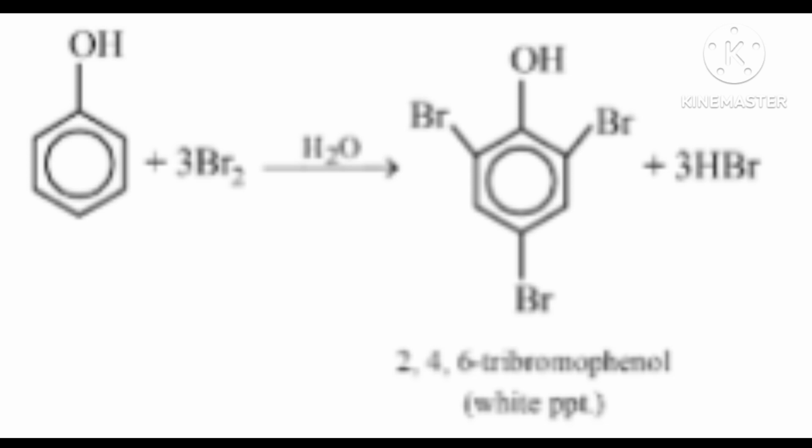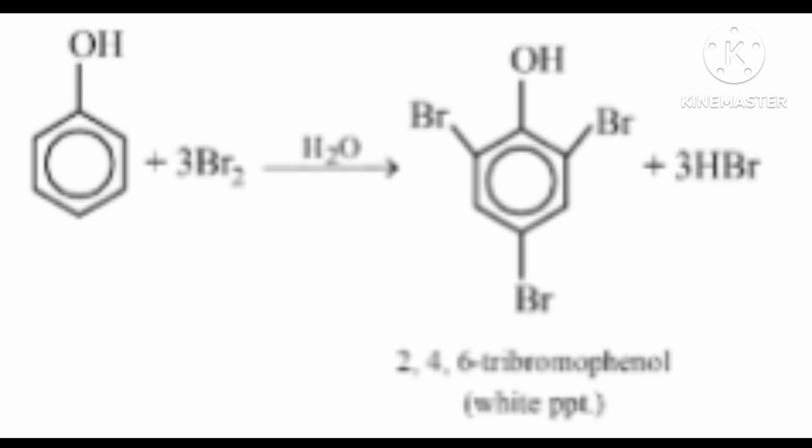Mono means only one bromine will be attached. Bromine must be present in carbon disulfide. Just like water, carbon disulfide is also a solvent. Bromine must be dissolved in carbon disulfide. Temperature should be very low, 273 Kelvin.